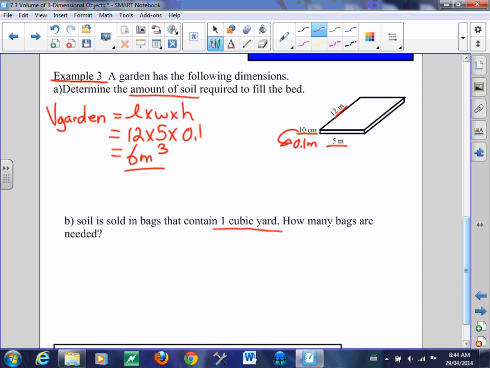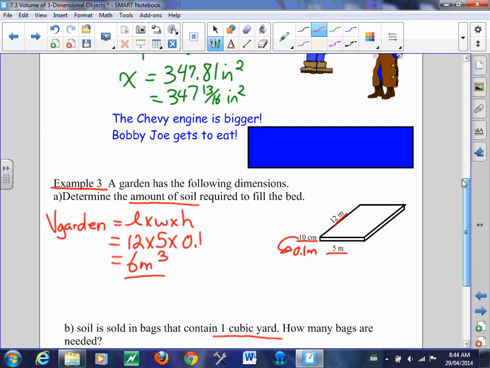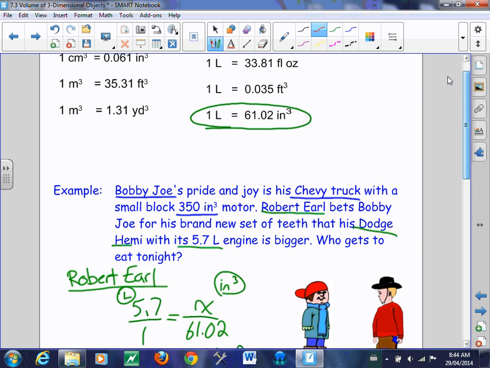I'm not sure if it's up top, let me just see. Okay, so we've got 1 cubic right there. I'm just double checking here. Right here, we can use this measurement right here.